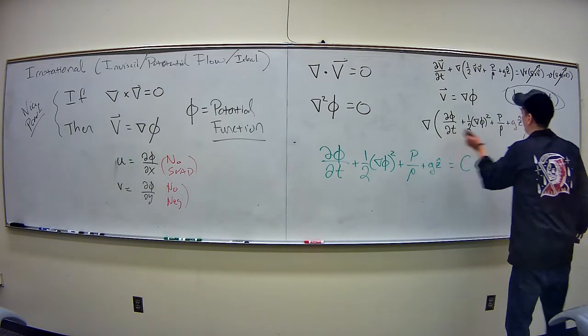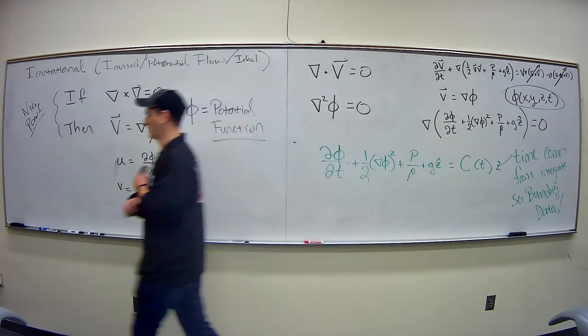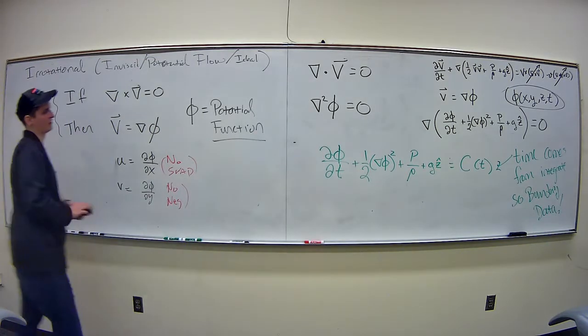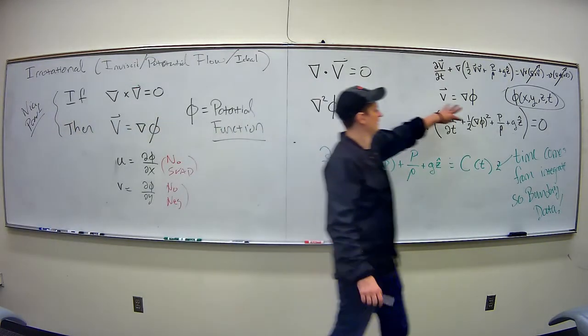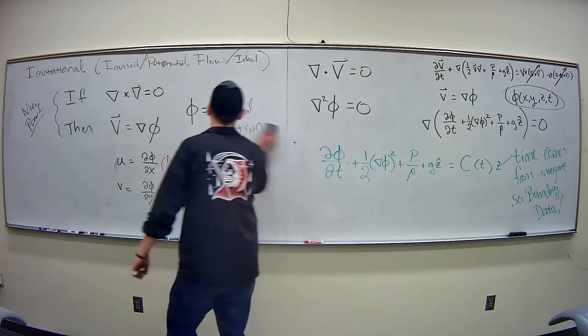The integration, so I integrate, if phi is explaining some sort of capital omega over an entire field, when I integrate over the entire domain, I now get all of the time stuff being boundary information.